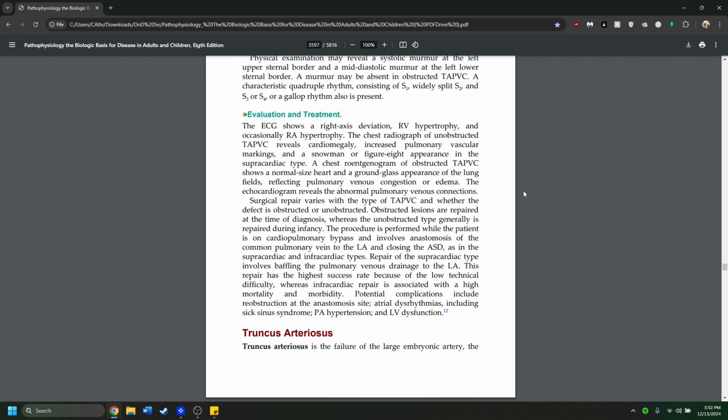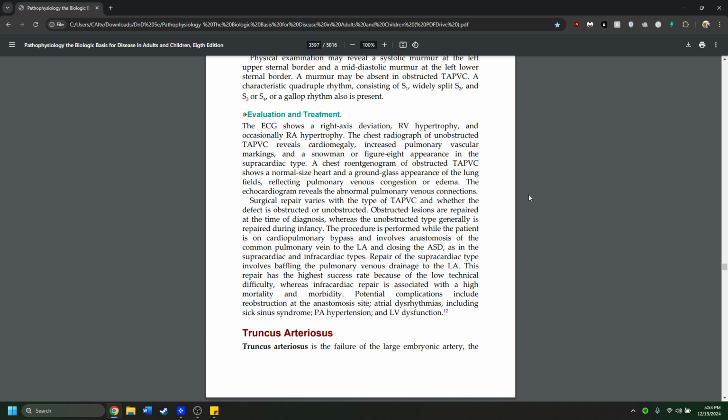We evaluate and treat thus via an EKG that shows a right axis deviation, right ventricular hypertrophy, and occasional right atrial hypertrophy. The chest radiograph of unobstructed TAPVC reveals cardiomegaly, increased pulmonary vascular markings, and a snowman or figure 8 appearance in the supracardiac type.